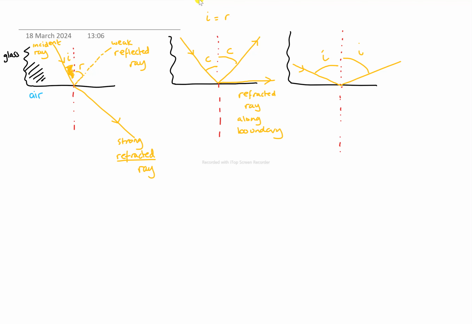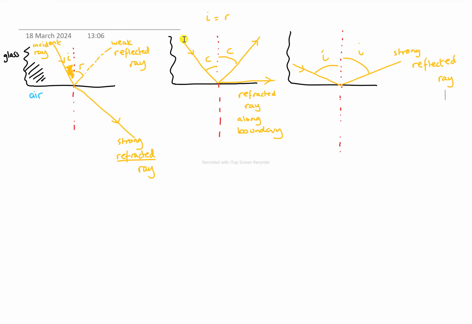this is also i, this is a strong reflected ray. So you've got total internal reflection. I just want to show you that. So these diagrams, if you can learn them: if this angle is less than the critical angle, you get refraction and some reflection.